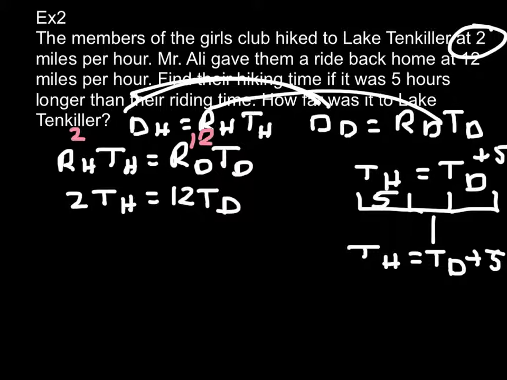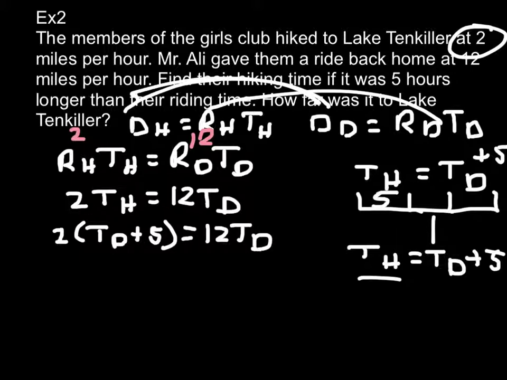All right, so now I know what TH is. So I'm going to substitute that in. So 2 times (TD plus 5) equals 12 TD. And I solve it for TD, in other words, the time that it took them to drive back home. So 2 TD plus 10 equals 12 TD.